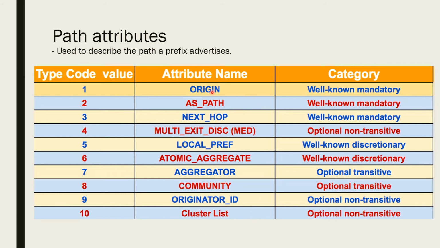The origin is basically how it was put into BGP, whether it was learned from IGP, so whether that's OSPF, ISIS, or one of those other protocols, whether it's from EGP. So back in the day, there used to be external gateway protocols other than BGP. Nowadays, it is mainly just BGP.